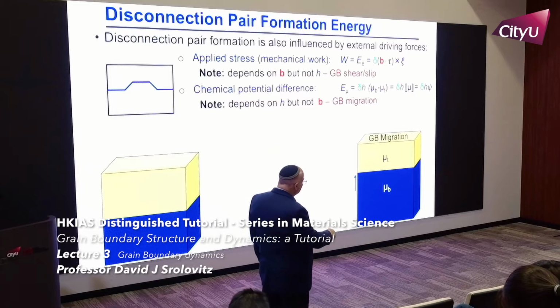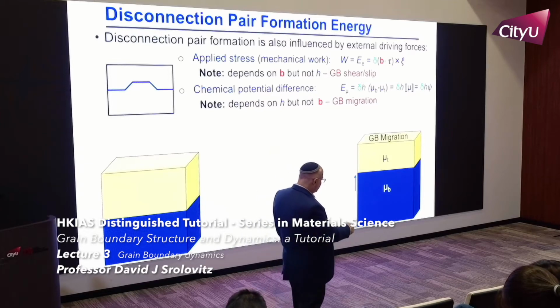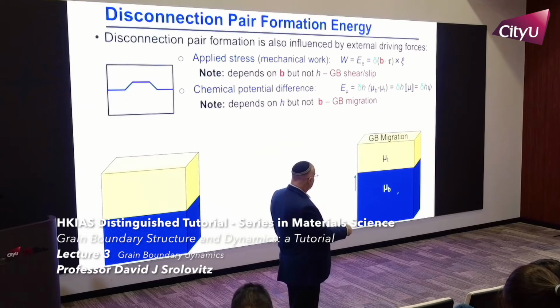Okay? So if the 2 materials have different chemical potentials on the 2 sides, then that also wants to make the grain boundary move from the region where the chemical potential is high to the region where it's low.